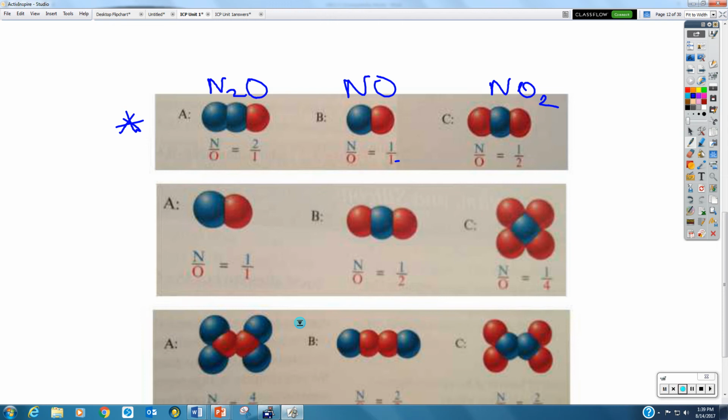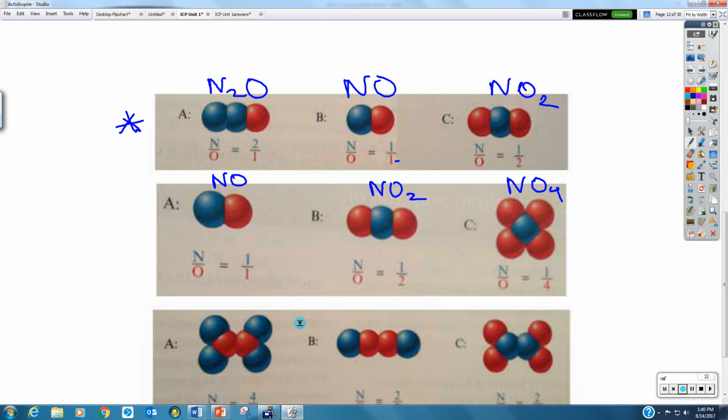Now the next way, you could have just started setting A as 1 to 1, and then you'd have had this one as NO, but then you end up with NO2 or NO4, like that.